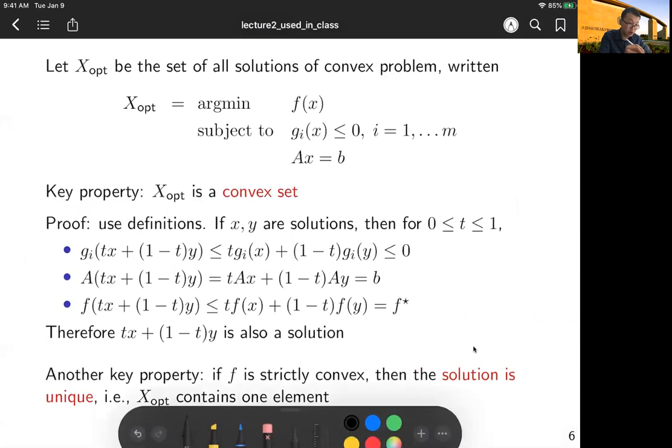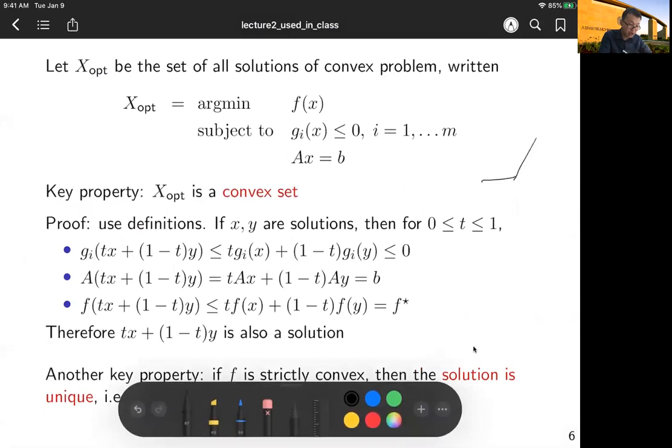Think about minimizing a function that looks like this. This is an unconstrained convex optimization problem, and any point within this region is a valid, feasible, optimal solution to the minimization problem.